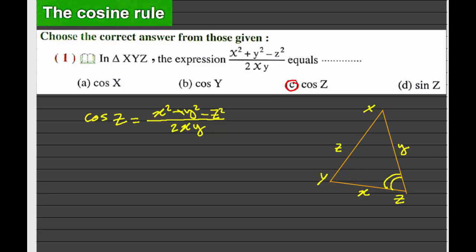Next question. Here in triangle XYZ, y square plus z square minus x square equals 2yz times something. Multiply some of this.